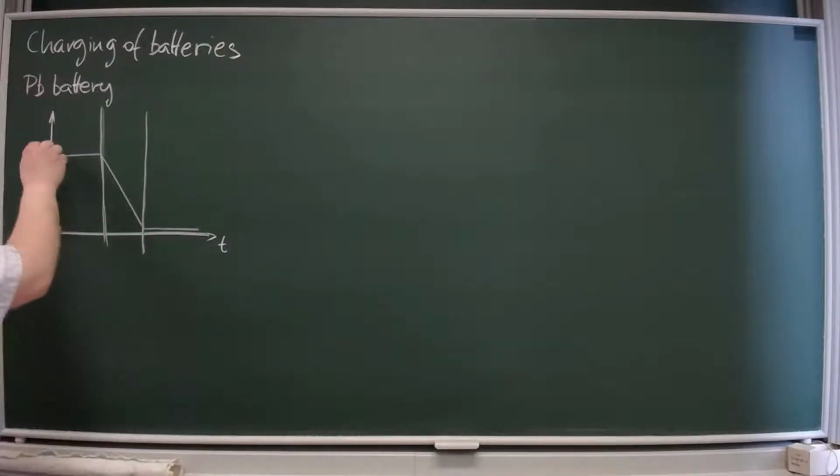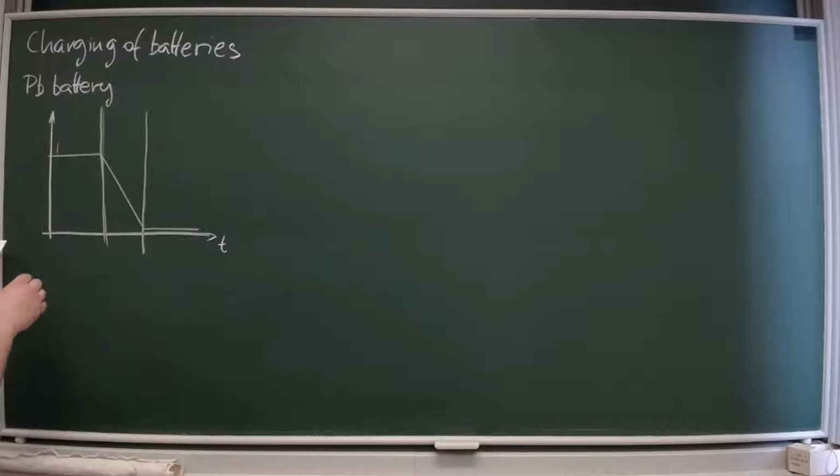Here, this is the current I, and the starting current is roughly 10% of the I maximum current that can charge the battery.